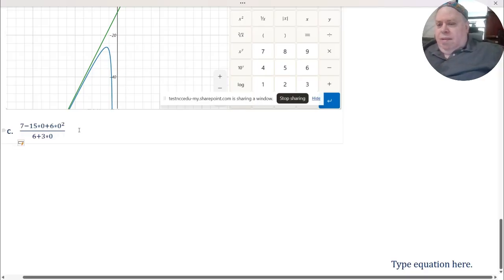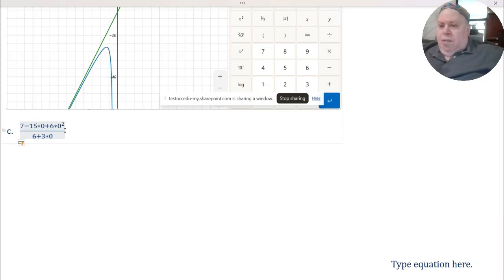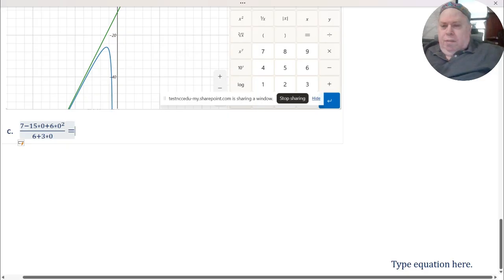All those zeros and 0 squares will cancel out, and the whole thing is going to come out to 7 divided by 6.